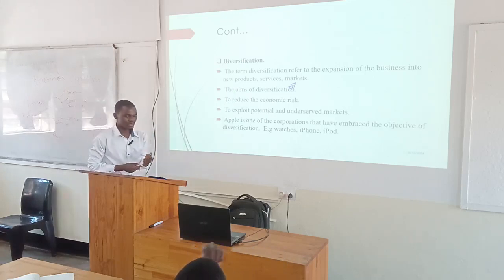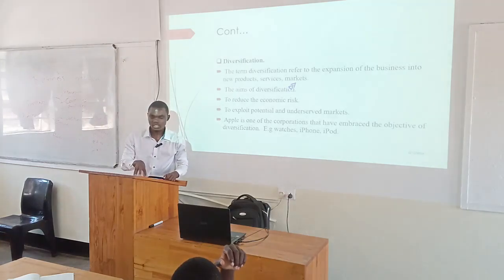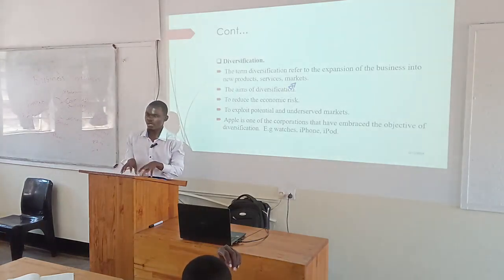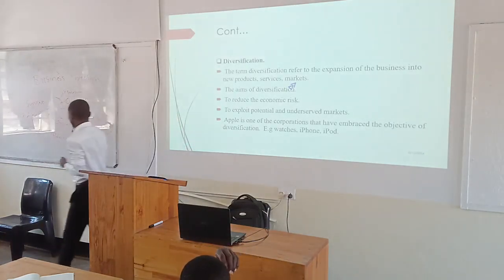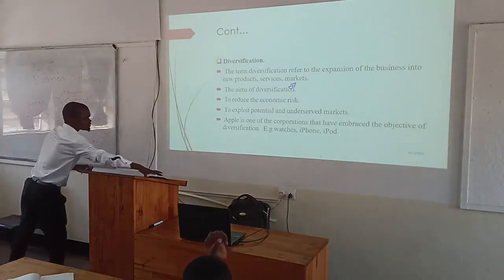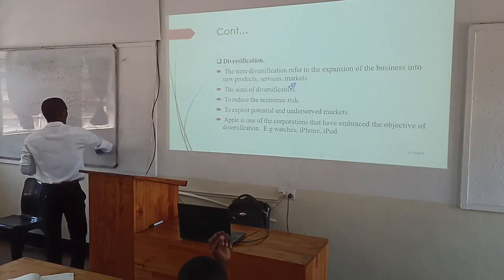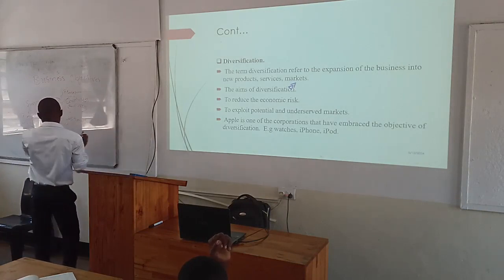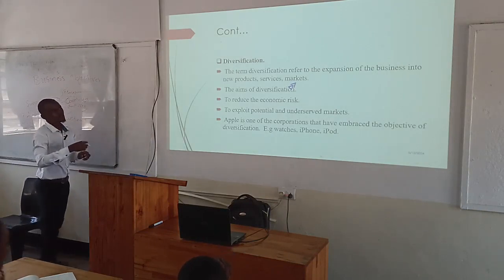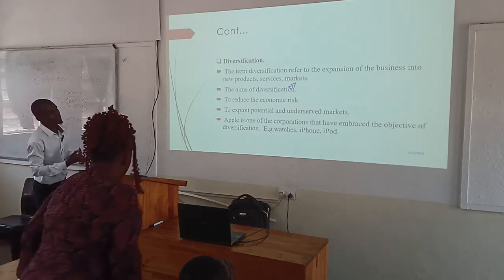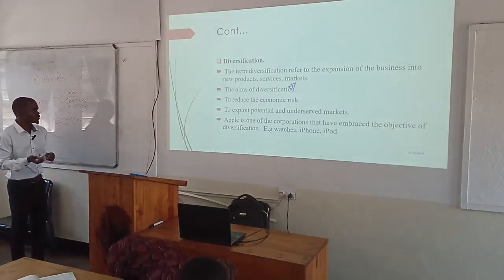So we can have a business which is, for example, selling maize. So our organization is selling maize. So we are on diversification, whereby we have to expand the business by providing new products.